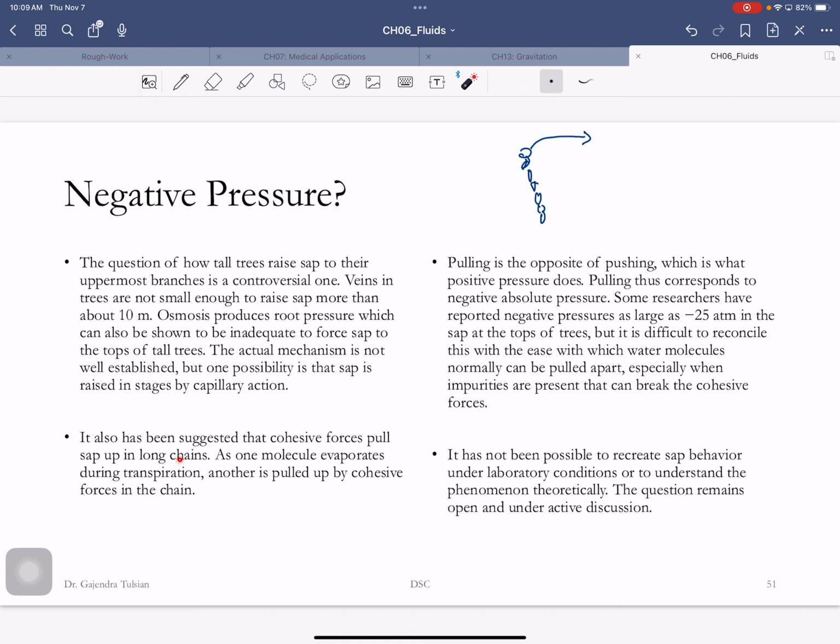Imagine a long chain of water molecules. When a water molecule in the leaves evaporates, it pulls the next molecule, which is pulling the next, so think of them as connected like rings of a chain, and when one ring goes away, it pulls the other rings along. That's another explanation.